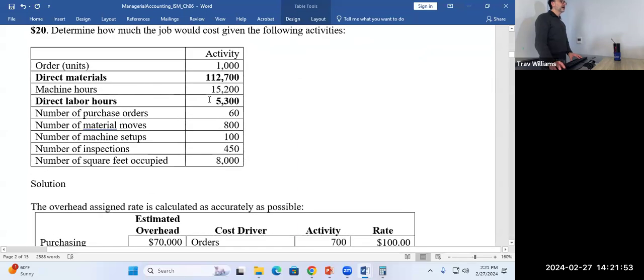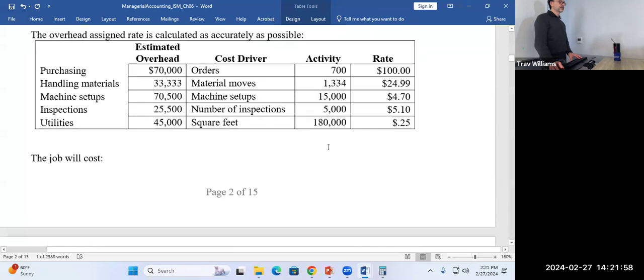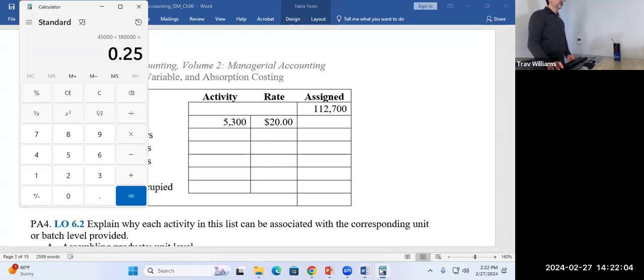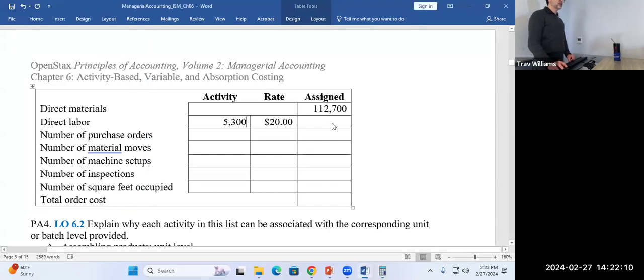And 5,300 direct labor hours for this job. So we take the 5,300 direct labor hours, multiply by the $20 per hour cost, and we get a total labor cost of $106,000. Okay. Any questions so far?